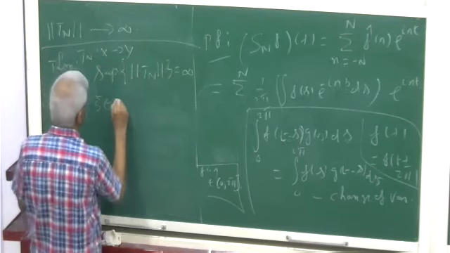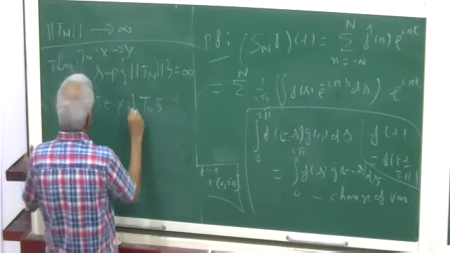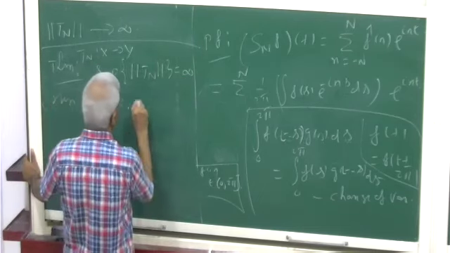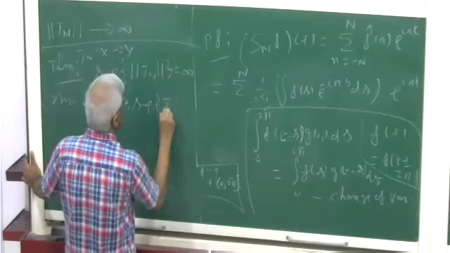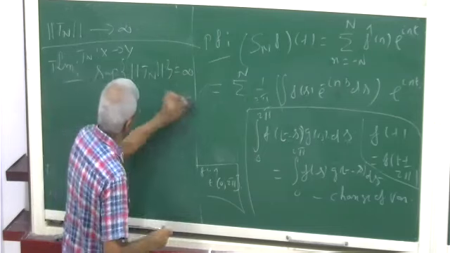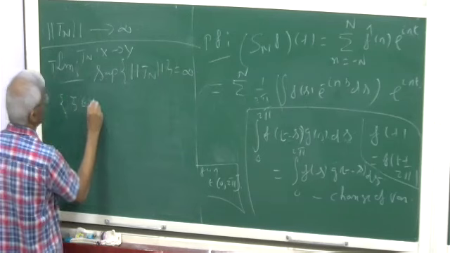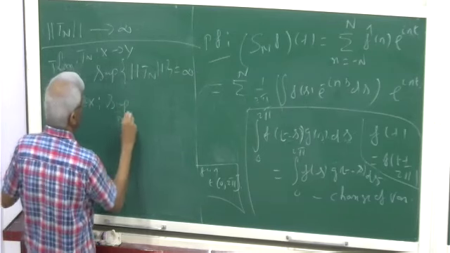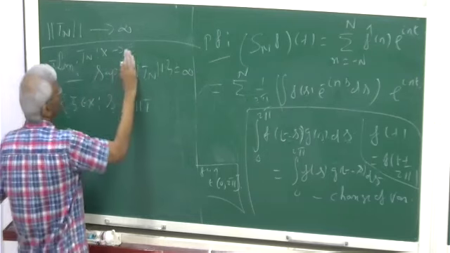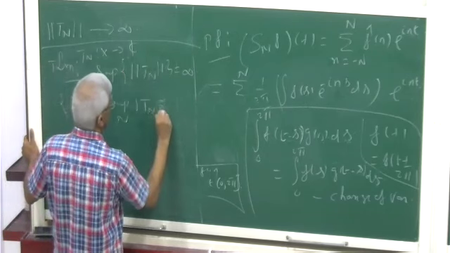Then the set of all xi such that the supremum of the norm Tn xi is, for simplicity, I'm taking it as C.